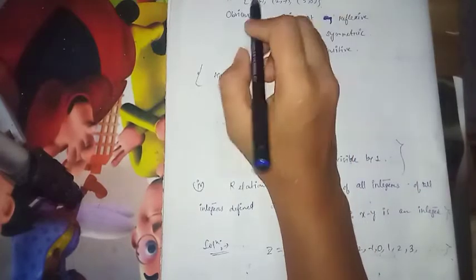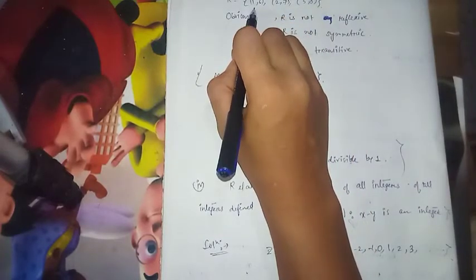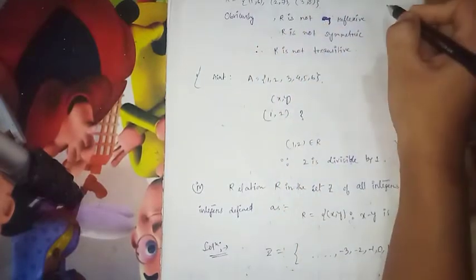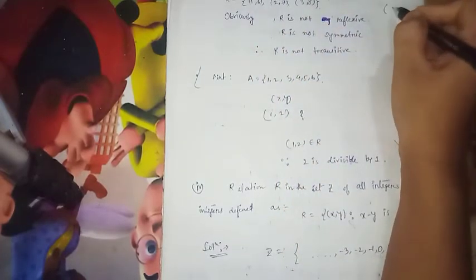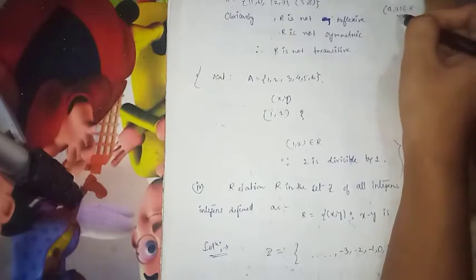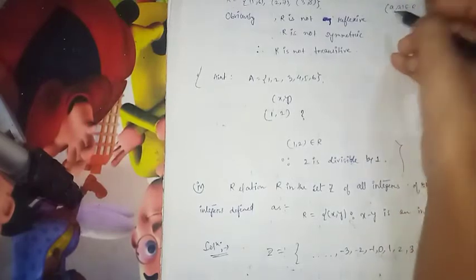Because here there is no element like 1, 1; 6, 6; 2, 2 etc. The definition of a reflexive relation was that a, a belongs to R for all a belonging to the mentioned set.